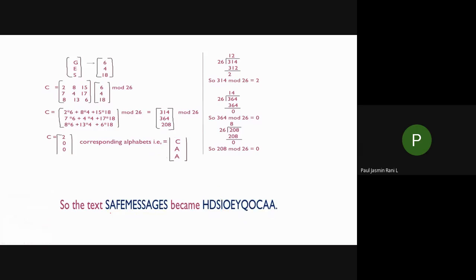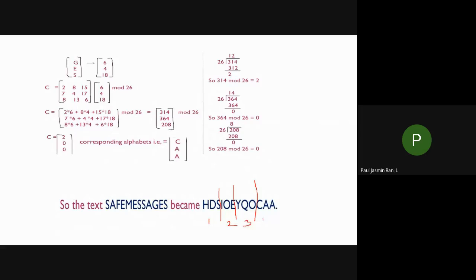Then IOE is your next ciphertext. Next is YQO. So you have three ciphertexts.